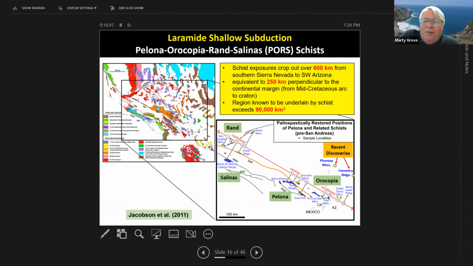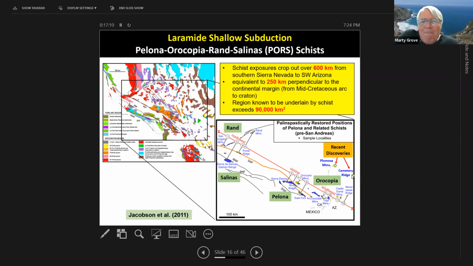I've just sort of arranged them from northwest and the southern tail of the Sierra Nevada batholith, the San Miguel Mountains, all the way down into southwestern Arizona, where we have the Trigo Mountains, Castle Domes, and some newly discovered locations.